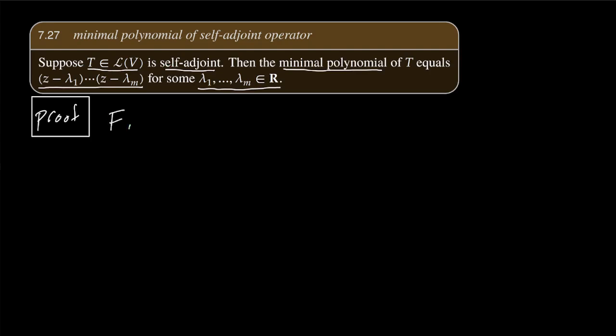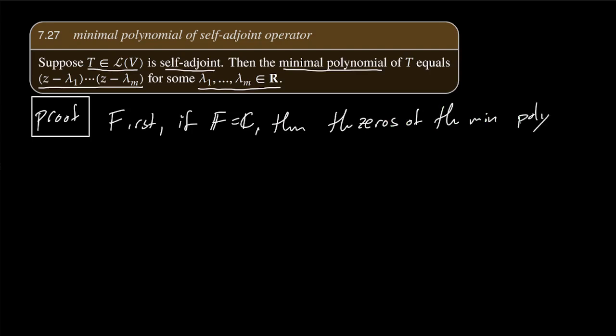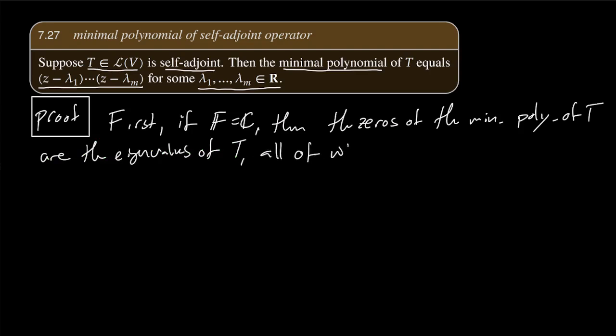So, first, notice, if our field is the complex numbers, then the zeros of the minimal polynomial of t are the eigenvalues of t, all of which are real, as we proved last time. So for self-adjoint operators, we showed, hey, look, eigenvalues are real. All right.